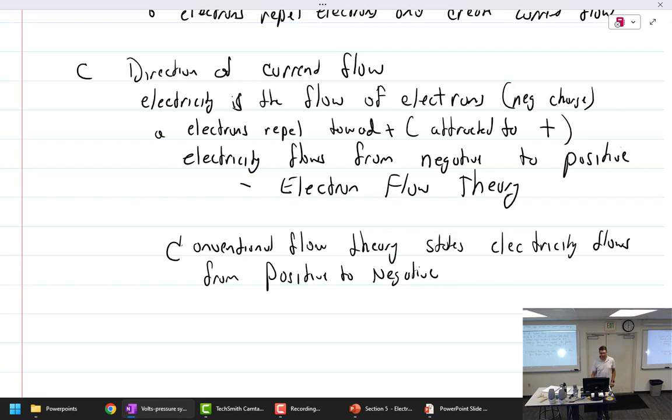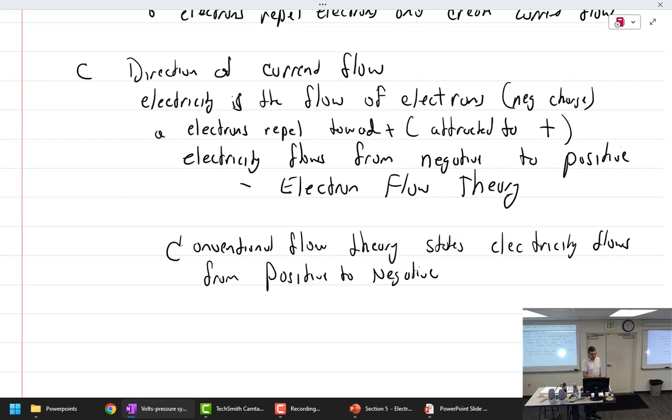So we started off with this theory, conventional, way back in the day. I thought I read something that it ended in the 50s. Somebody said no, and then I read something else, like the early 1800s. But who knows? Originally it was thought that electricity flowed from positive to negative.